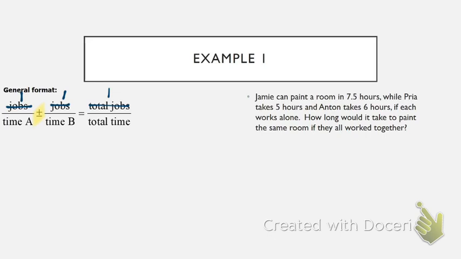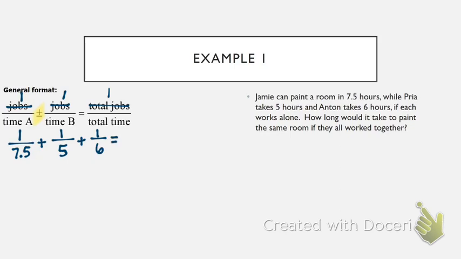In this example, Jamie is painting 1 room, and it takes her 7.5 hours to finish that room. Priya paints a room, and it takes her 5 hours to complete the room. And last we got Anton, who takes 6 hours to paint the same room.